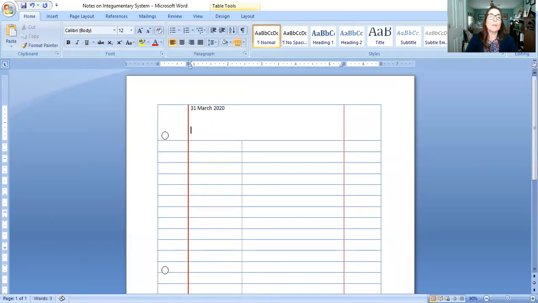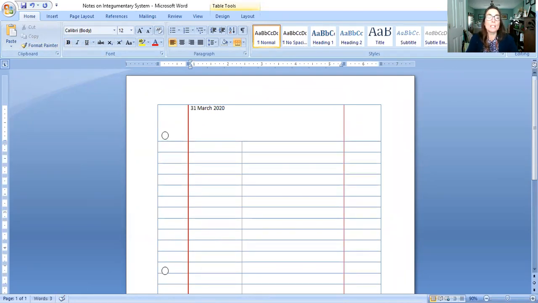And then we want to go and give our notes a title. So this is Science 7, Chapter 19, Section 19B notes. And these notes are going to be on the integumentary system. And I'm going to underline this part.